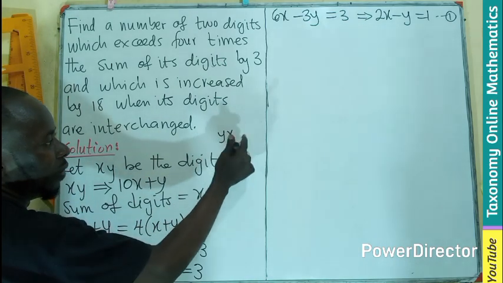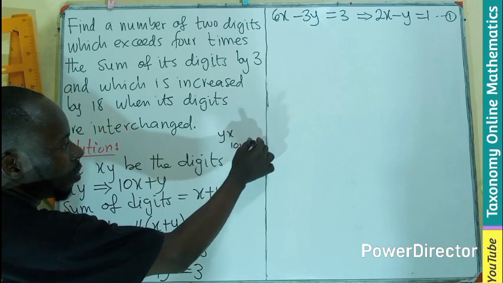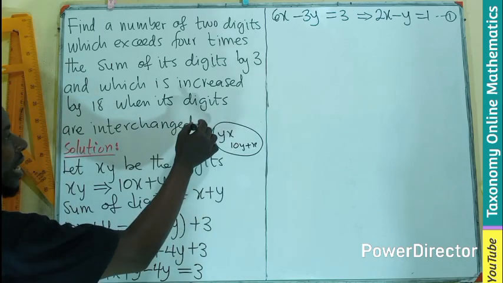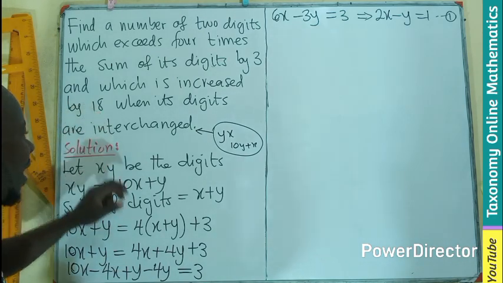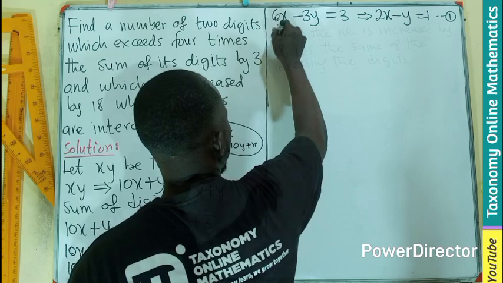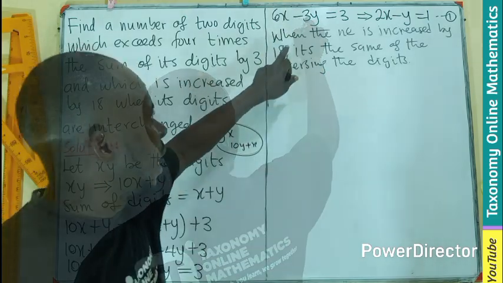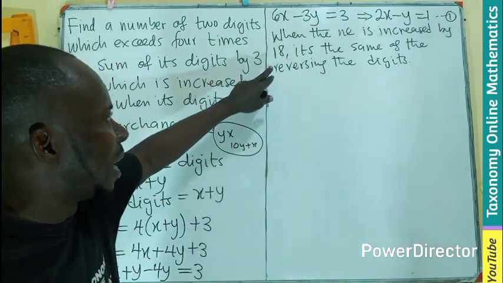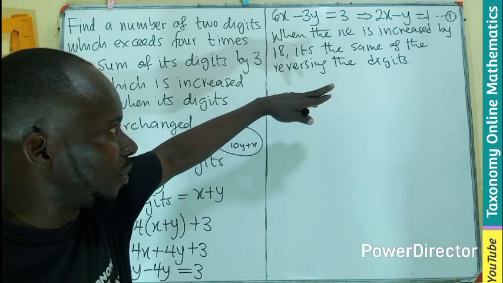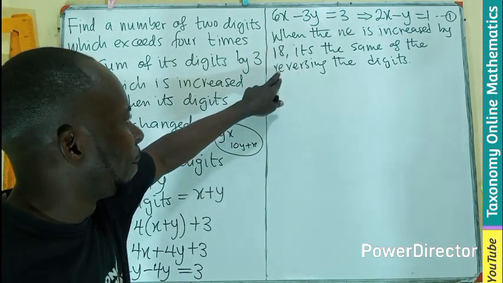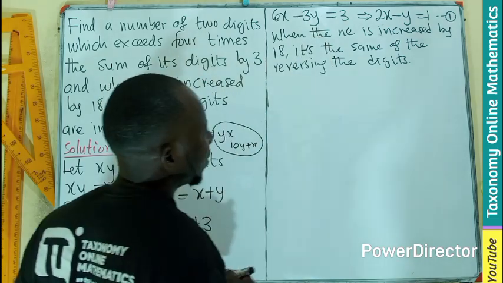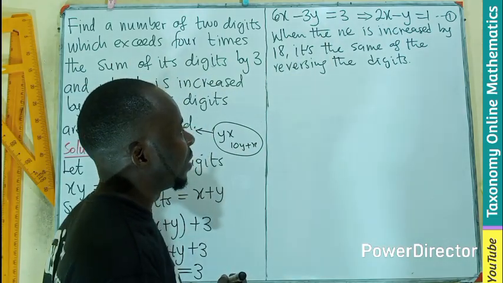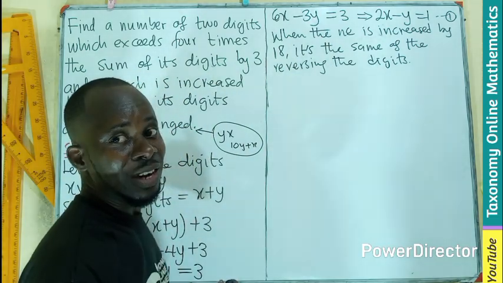We need a number which is 10y plus x. This shows the interchange of the digits. Those with English semantics can correct us in the comment section.